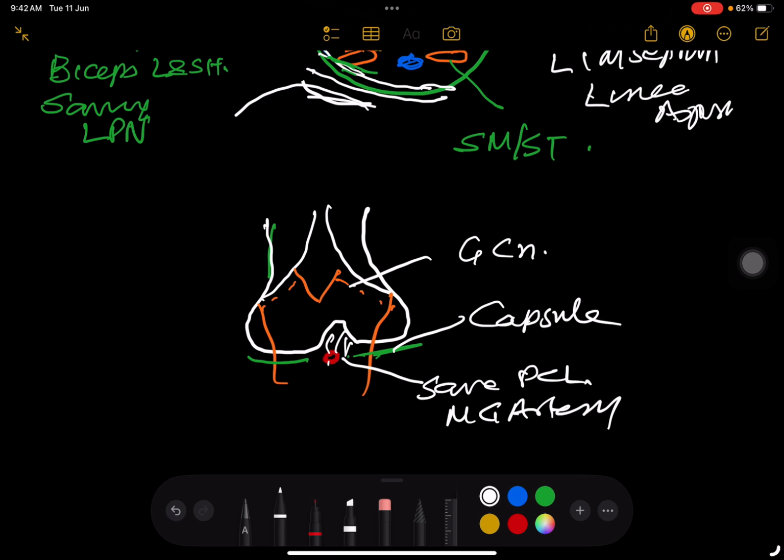Ligate it so that you don't open the popliteal artery carefully, because the problem with the ligation is, आप लोग करोगे क्या कि ये आर्टरी से ये निकल रही है ब्रांच, है ना, तो आप ऐसे भी लाइगेट कर सकते हो. नो, टू लाइगेट दिस, ठीक है. तो मिडिल जेनिकुलर आर्टरी लाइगेट करके कैप्सूल और सेव PCL in this.